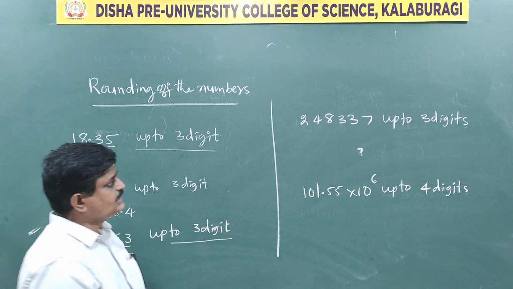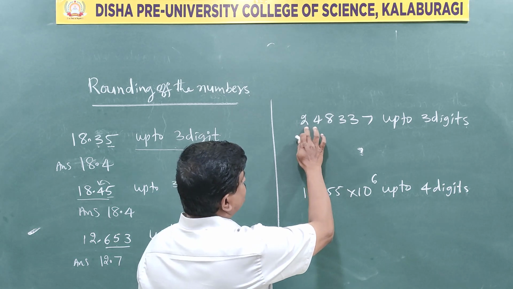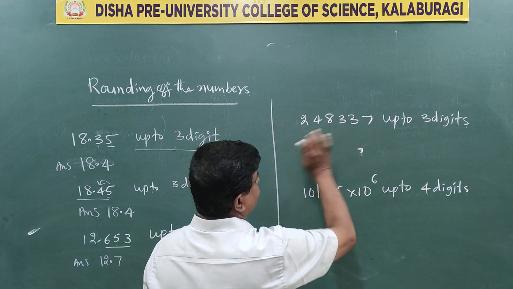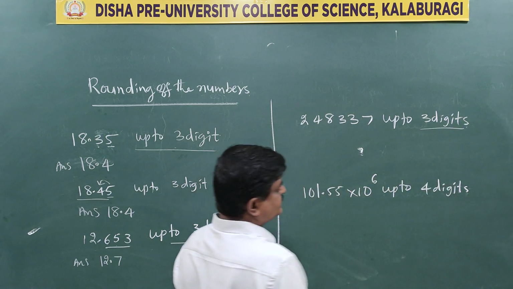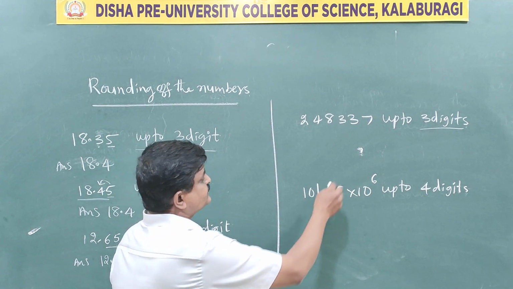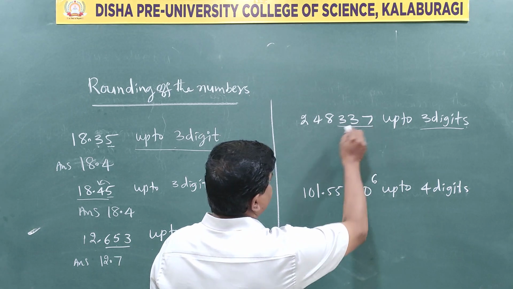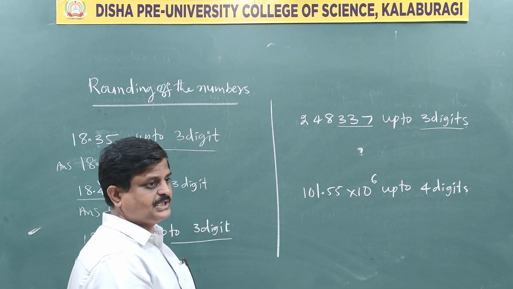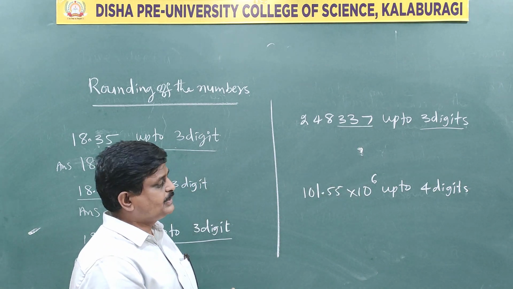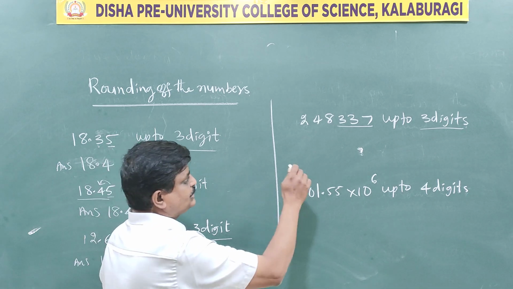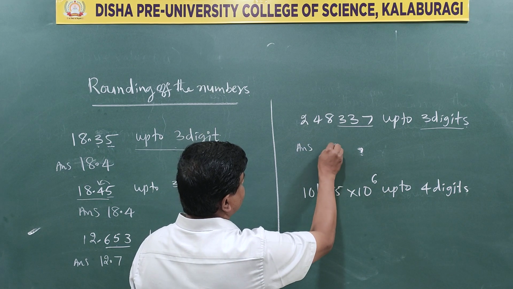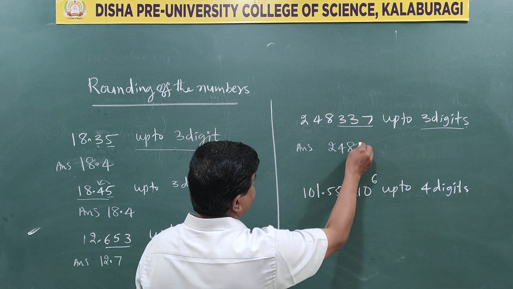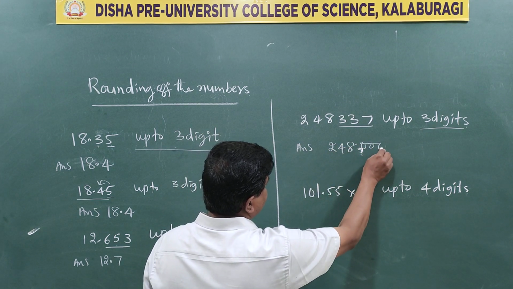So now, just see this new number. 248337. So you are asked to round it off to how many digits? 3 digits. So I have to remove this. It is less than 500 now. So when it is less than 500, what should I do? I have to go for the lower one. So for such numbers, the answer is 248000.